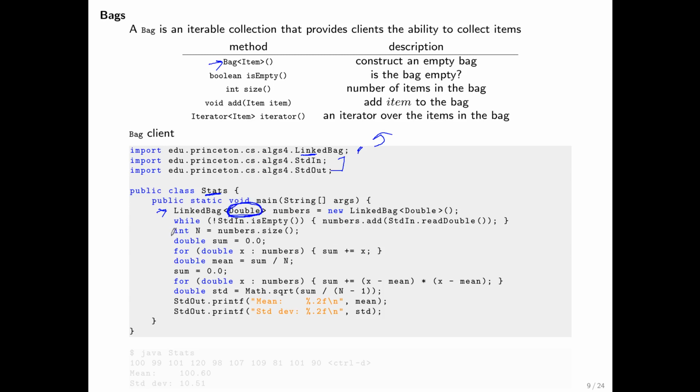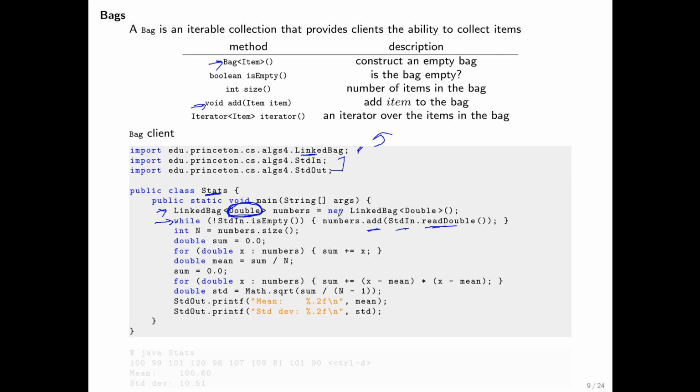Then what we do is from standard in, we read a whole bunch of primitive doubles using the read double static method from stdin, and we simply store that into the bag. So this is where we make a call to the add method in the bag API to store this particular item, in this case a primitive double, into the bag.